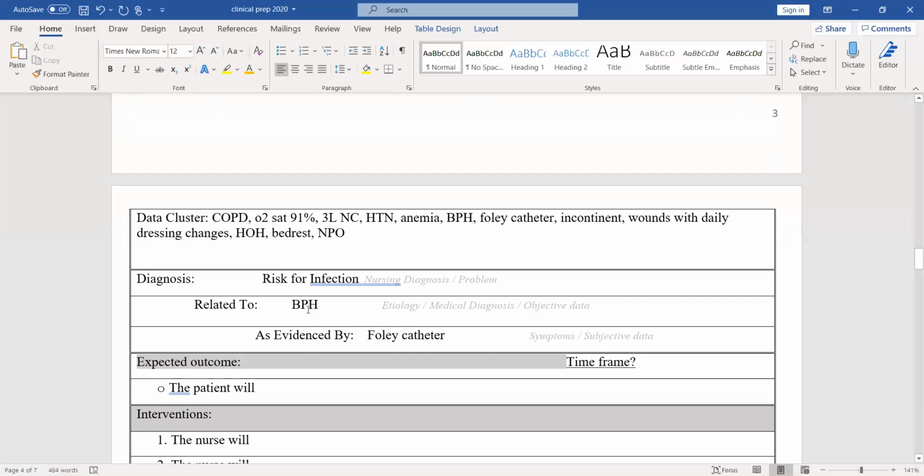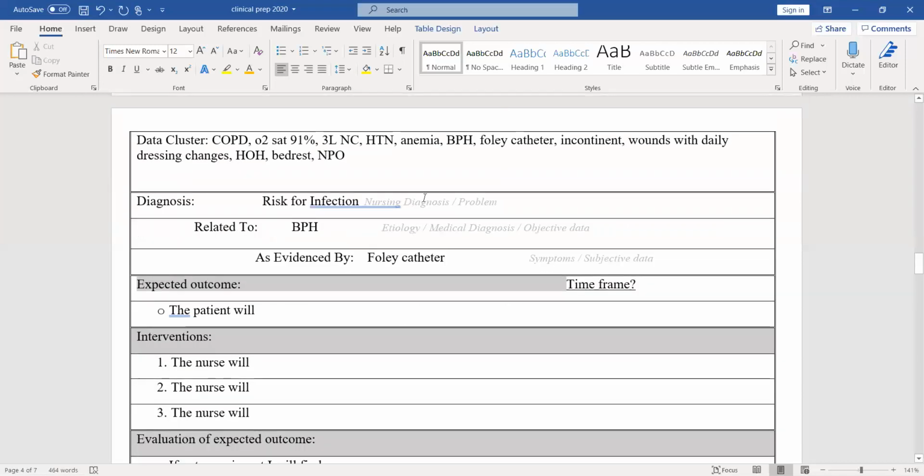We all know that patients that have catheters are at risk for infection because that is a central avenue directly into the patient. So if we're not cleaning frequently and practicing hygiene frequently, our patients are going to be at an increased risk of infection.